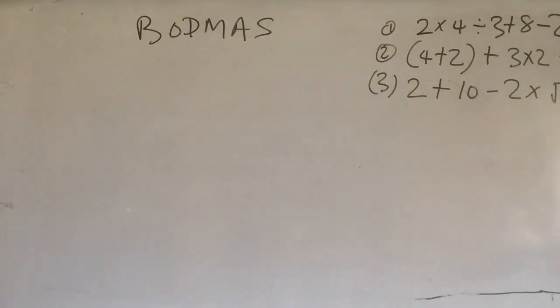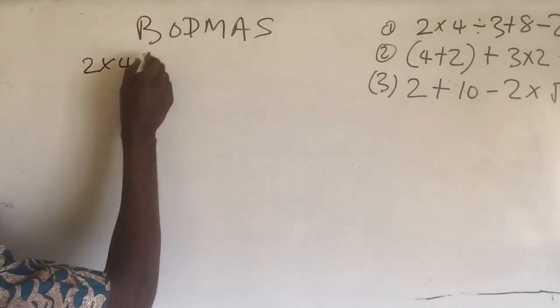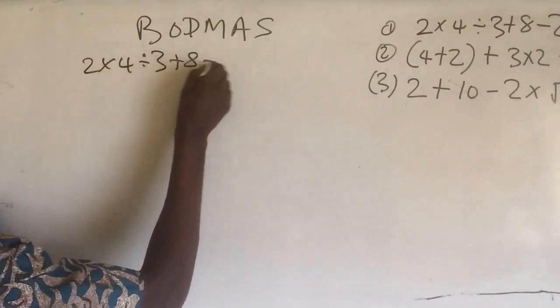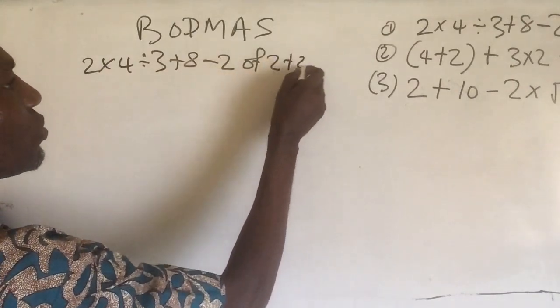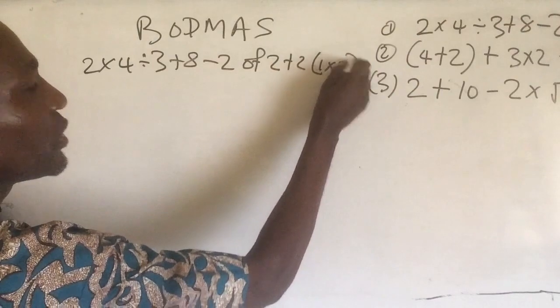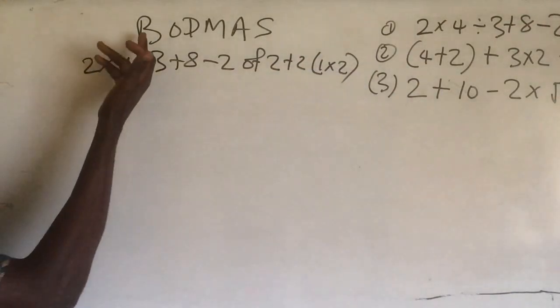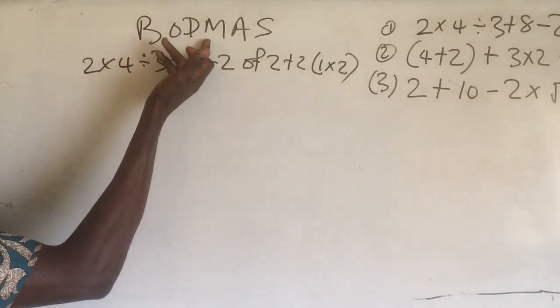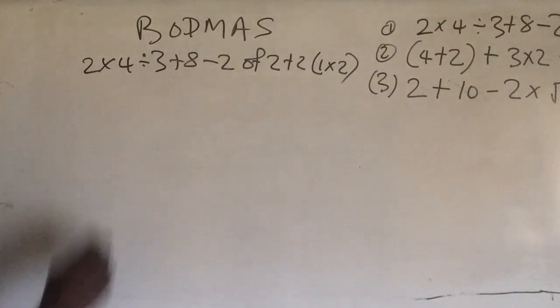So in this first question, which says 2 times 4 divided by 3 plus 8 minus 2 of 2 plus 2 bracket 1 times 2, considering this step-by-step method, which is BODMAS, the first one is bracket.